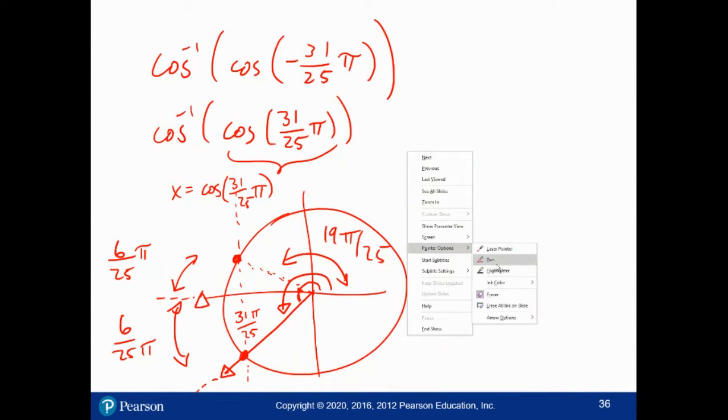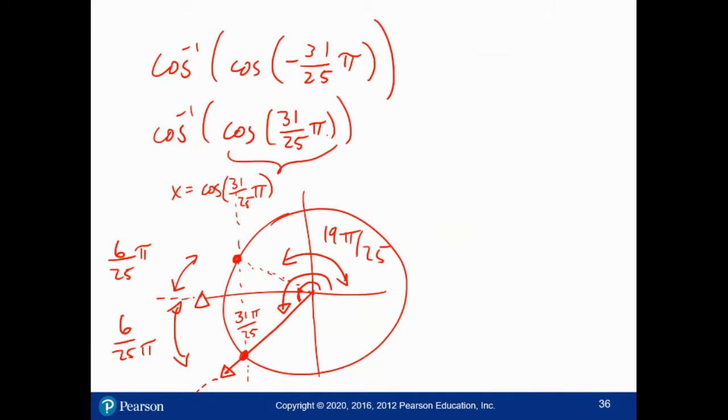So forget the arc cosine on the outside for a second. Since the cosine of 31 over 25 pi is this x-coordinate, which is the same as the cosine of 19 pi over 25, and 19 pi over 25 is in between 0 and pi, arc cosine and cosine cancel out. And there we have it. The arc cosine of the cosine of negative 31 over 25 times pi is 19 over 25 times pi.